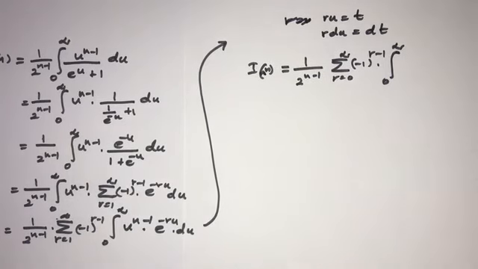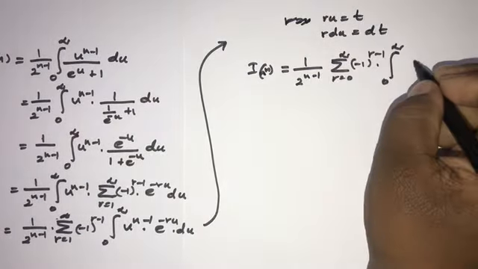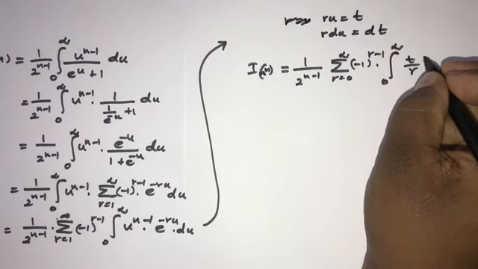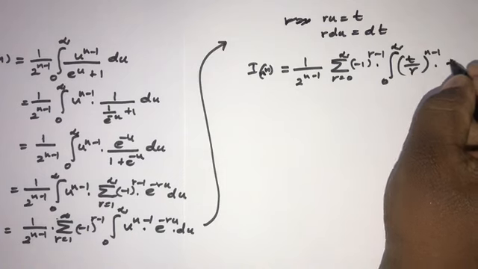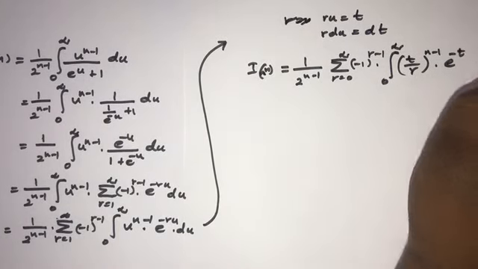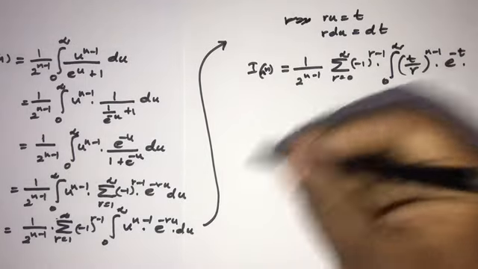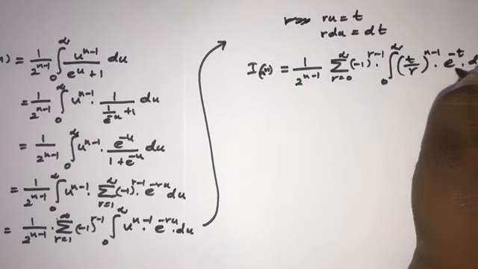Now u is equal to t over r, so t over r to the n minus 1, times e to the minus ru, so minus t, and du is equal to dt over r.